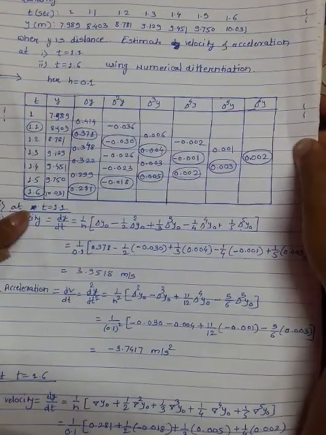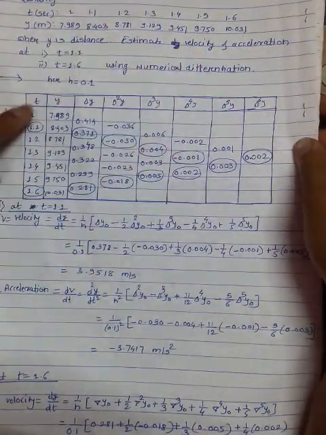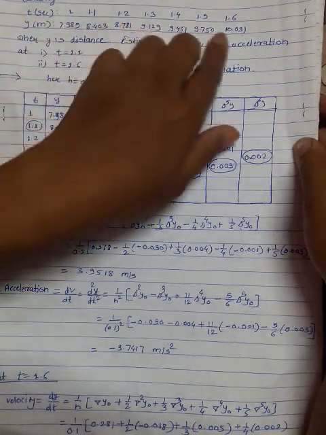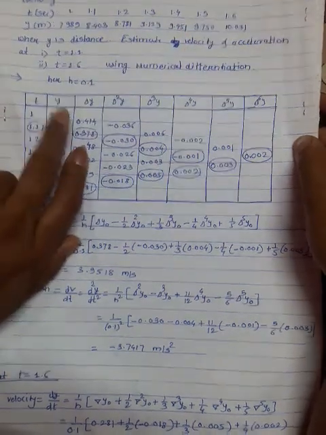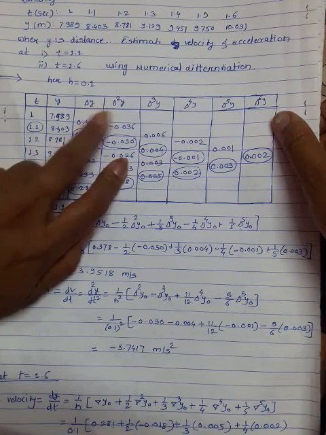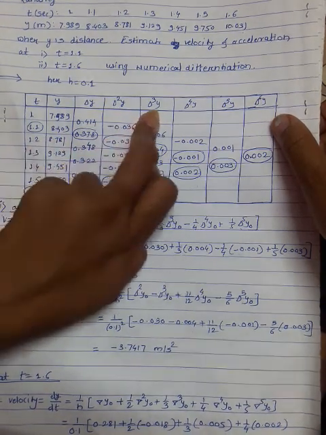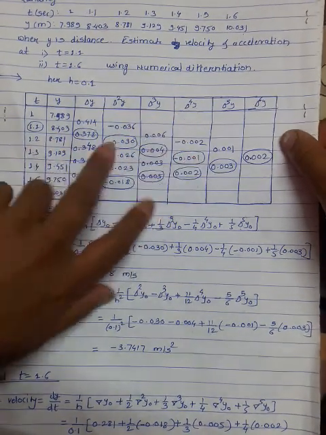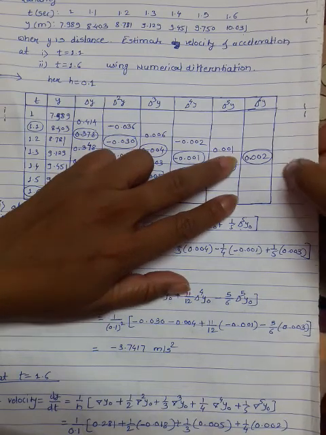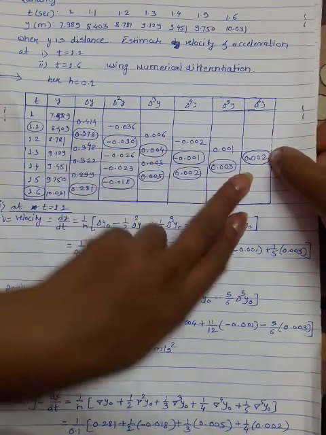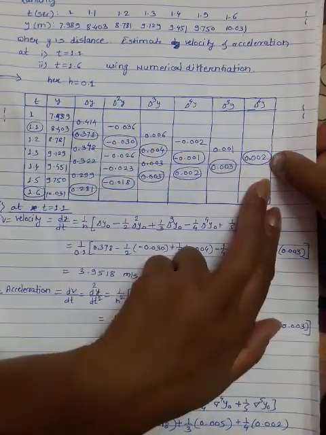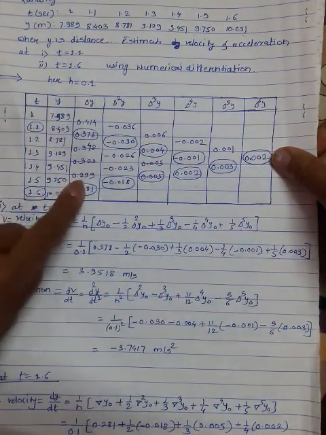These are the t values in the vertical column, and these are the y values in the vertical column. Now we have to put del y, then in the second column del square y, third del cube y, and del raised to 4. We have to calculate until we get a single value here. What is the calculation for this?